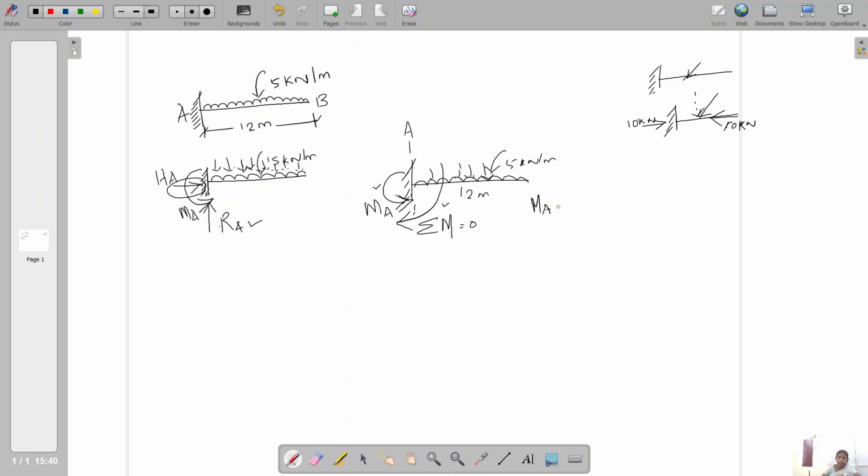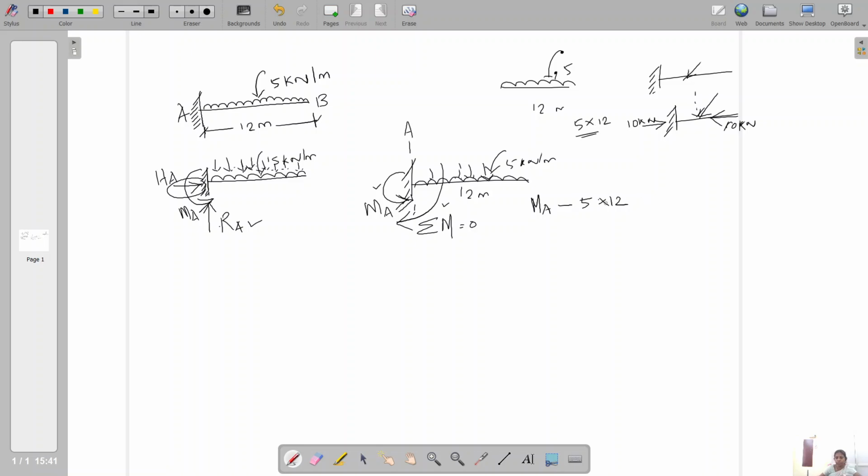So MA minus, because the load is rotating opposite to this moment. What is the total load? If a UDL is acting over a distance of 12 meters, the total load is equal to 5 into 12.